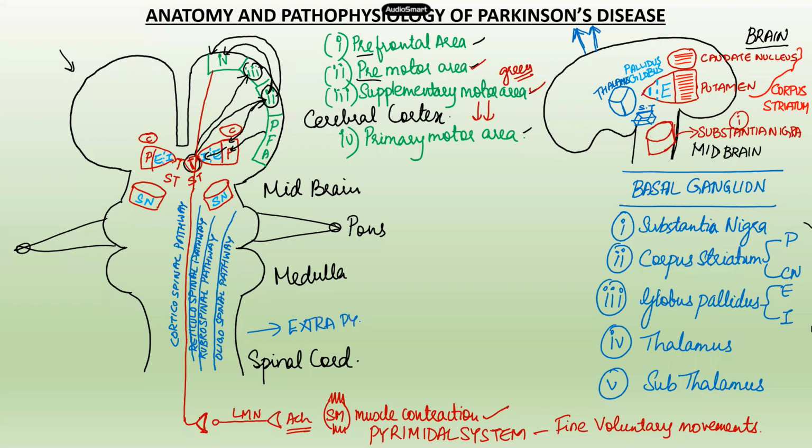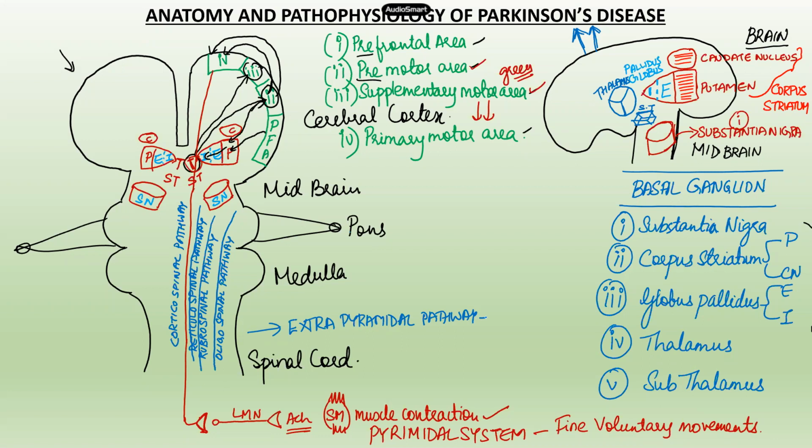Now, what is the physiology or the work of this extrapyramidal pathway? What do they do? As you already know, the pyramidal pathway is utilized for the fine voluntary movements. Now, what is the extrapyramidal pathway required for?